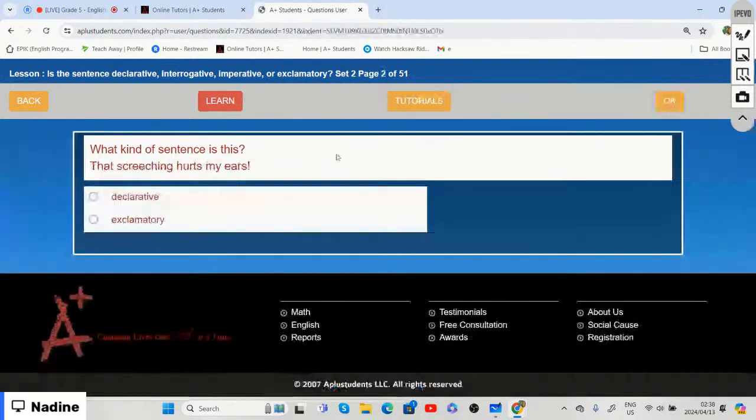Option two is correct. That screeching hurts my ears. So that screeching hurts my ears, and it ends with an exclamation point. Is this a declarative sentence or an exclamatory sentence?